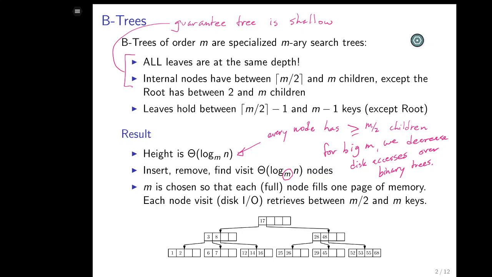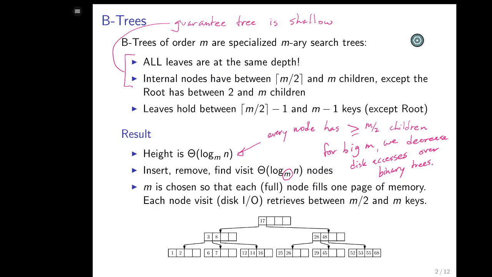Like you could imagine having an internal node with 100 different children, and each child is a leaf with 100 different spots in it for data, and only one spot is occupied by data. So that's not a B-tree. It's not full enough, yeah.